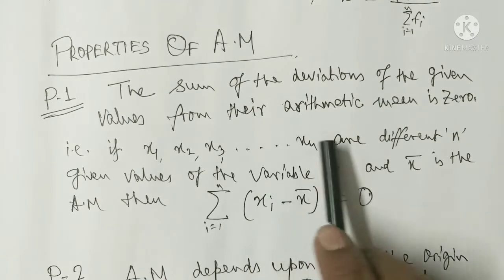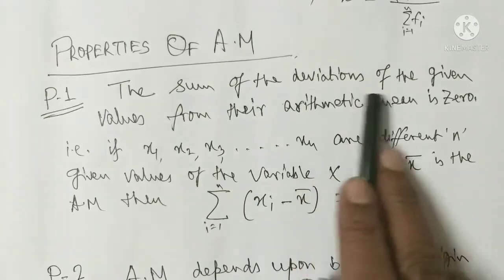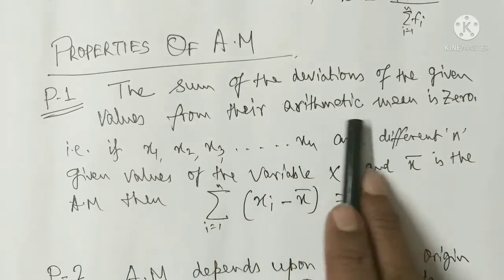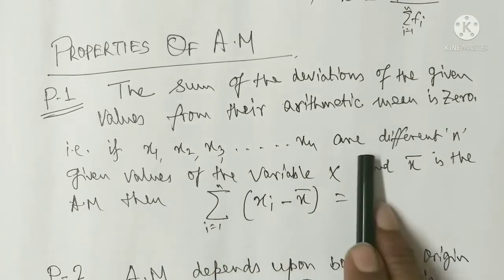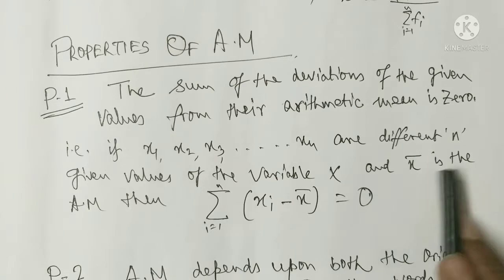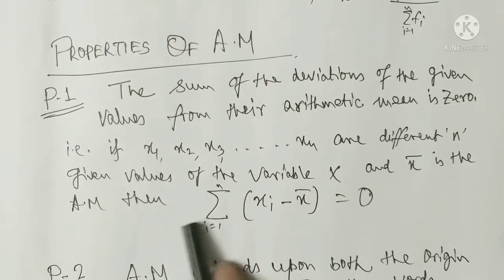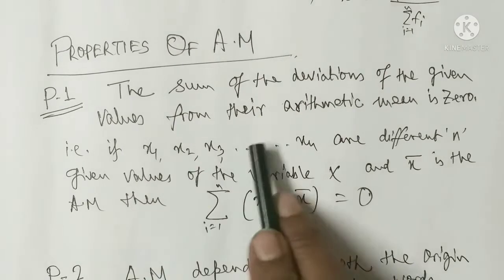And if I take the sum of the deviations, it becomes 0. That is, if x1, x2, x3 up to xn are n given values of the variable x and x bar is the arithmetic mean, then summation xi minus x bar equals 0. This is property 1.